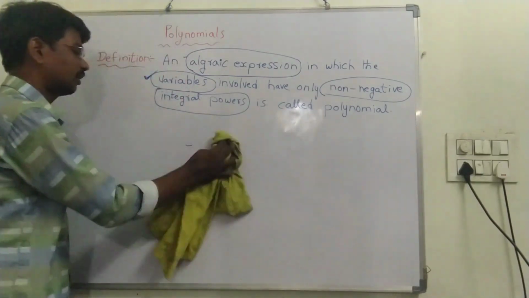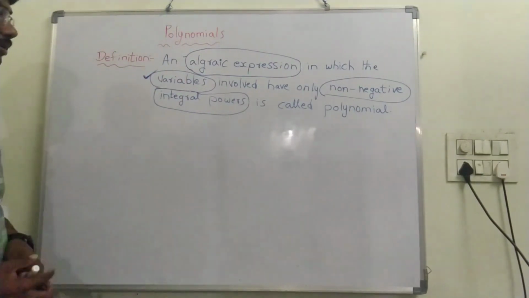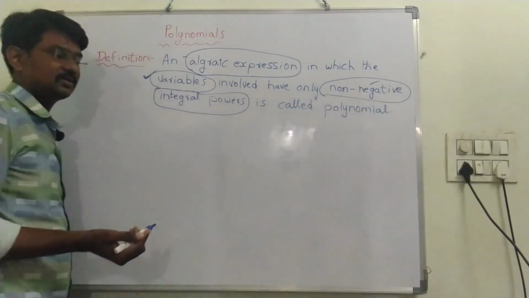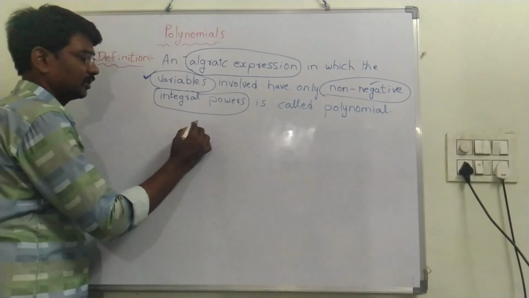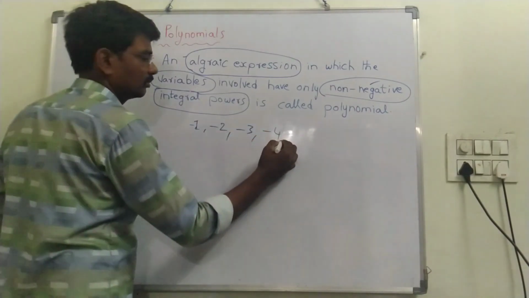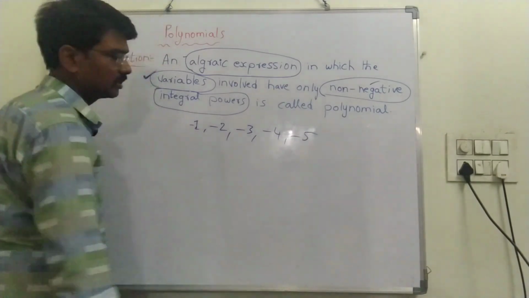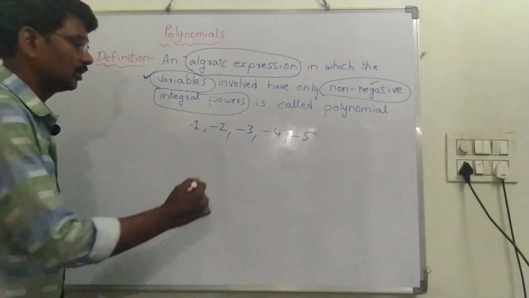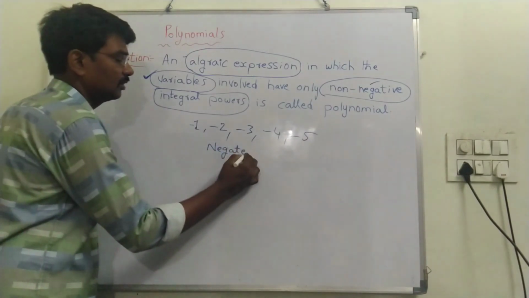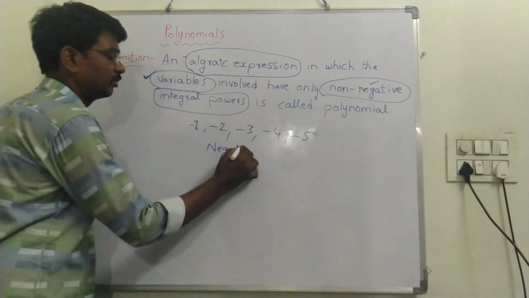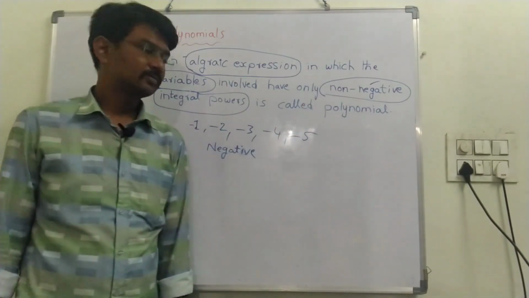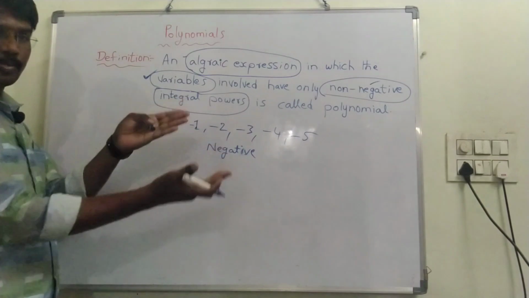non-negative. What is non-negative? First let us know negative. Negative means nothing but -1, -2, -3, -4, -5. All these are called negative numbers. Then what is the meaning of non-negative? Just exactly opposite.